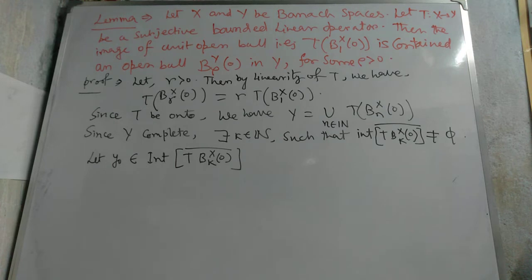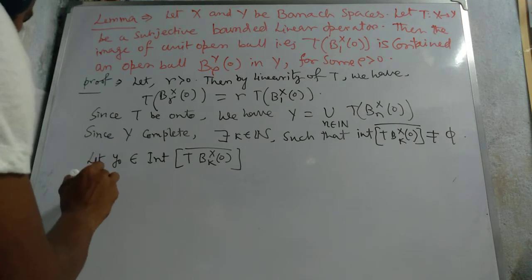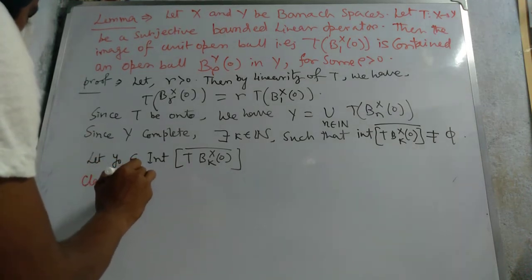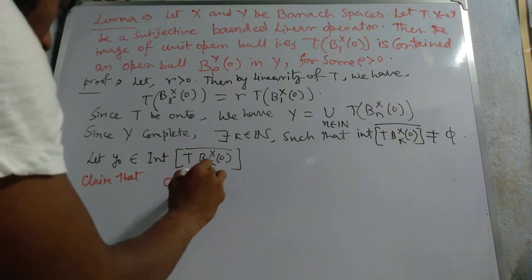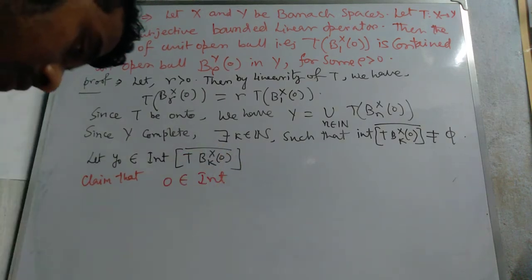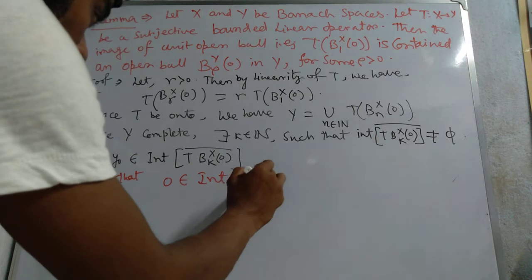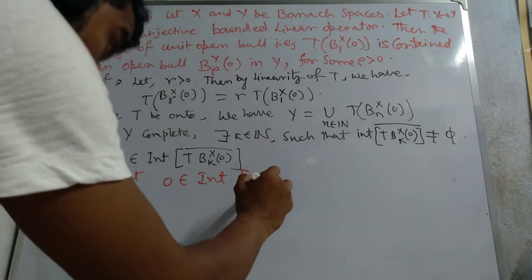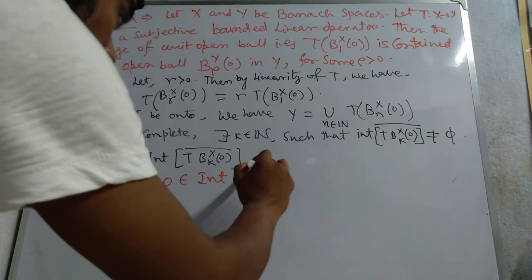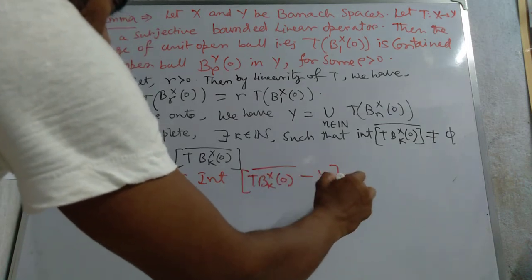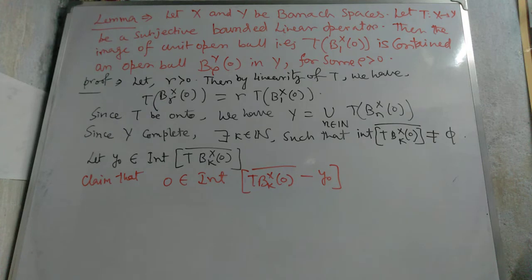Now we first claim that 0 belongs to the interior of the closure of T(B_k(x0)) − y0. Now we claim this.